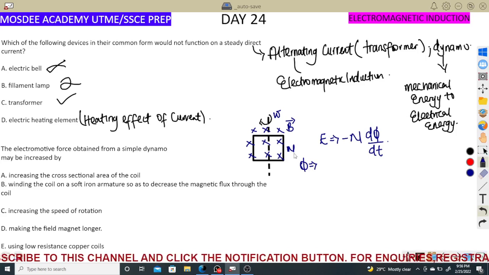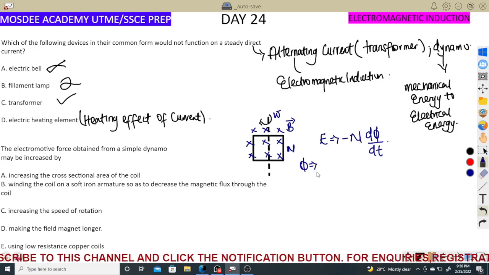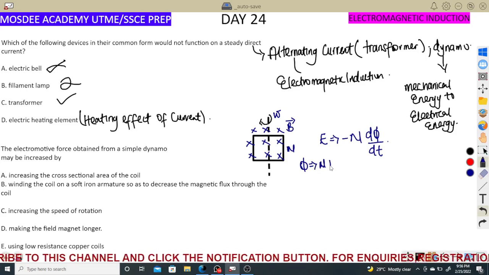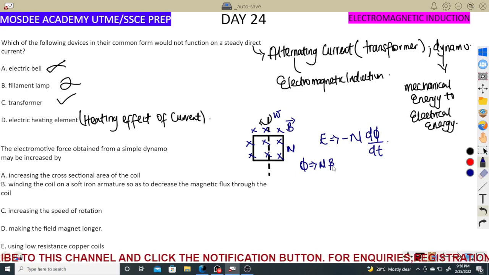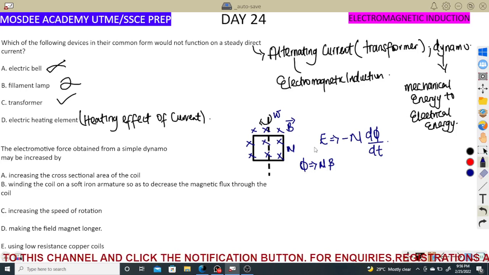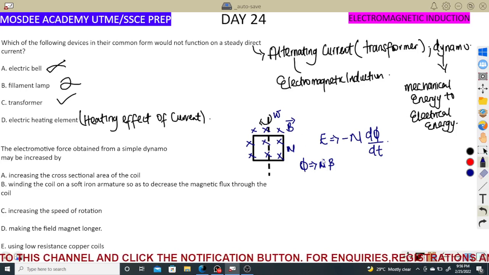Now as this thing is rotating with its angular velocity, the flux linkage is proportional to the number of turns and the magnetic field, which varies with time. For now, I can just tell you that the total flux is proportional to the number of turns and the magnetic field in which this is generating.